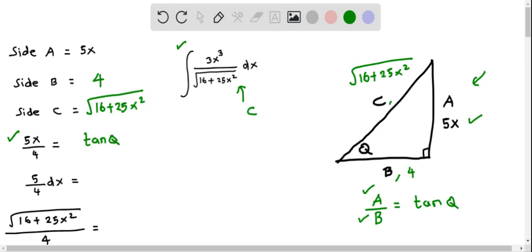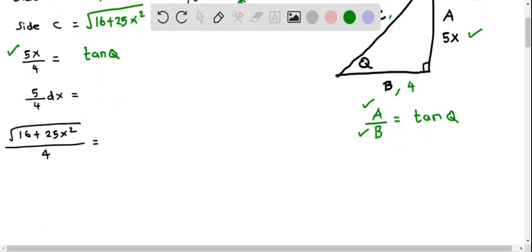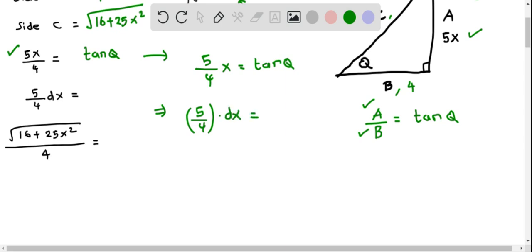And we have to determine the next two expressions. So let's utilize this expression, that is 5x over 4 equals tangent of theta. Now let's take differentials on both sides. When we do that, we get 5 fourths. The differential of x is dx, and here also we have to take the differential of tangent of theta with respect to theta.